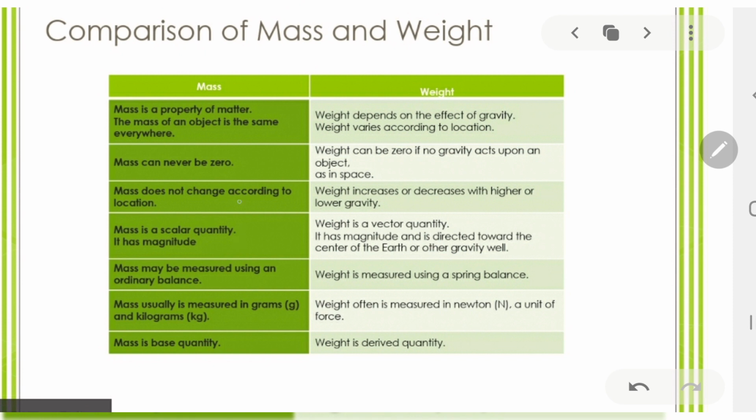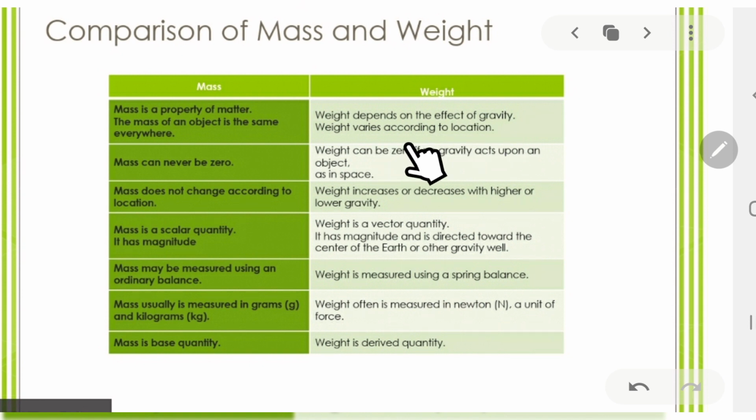Mass and weight, kita ada 1, 2, 3, 4, ada 7 perbezaan antara mass and weight. In terms of definition, mass is a property of matter. The mass of an object is the same everywhere. But for weight, the weight depends on the effect of gravity.